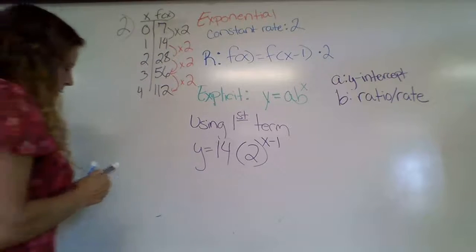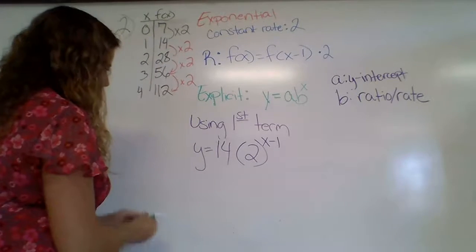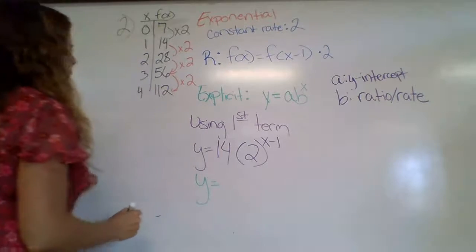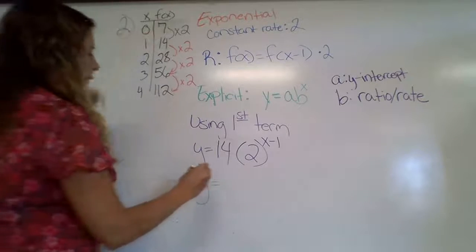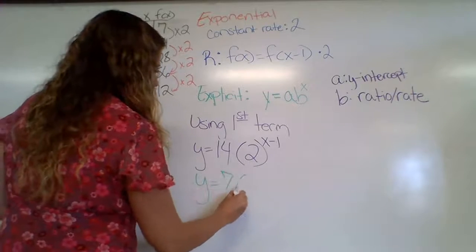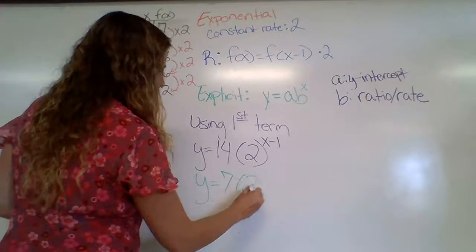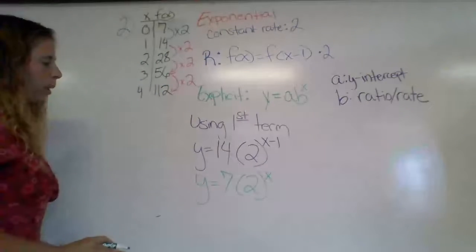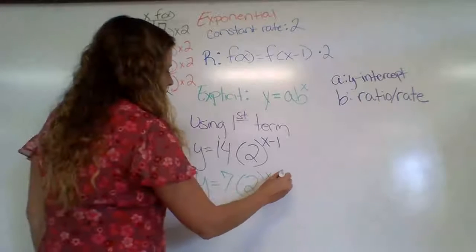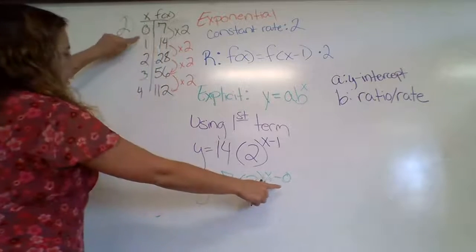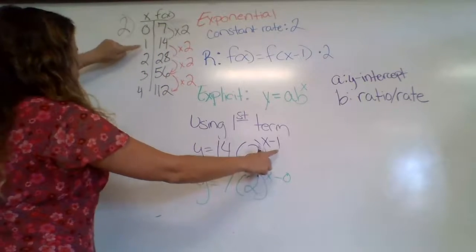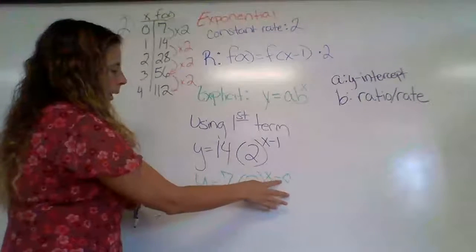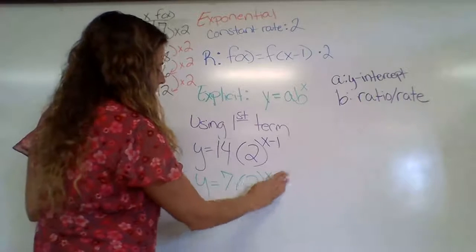Okay, so then you can also write the equation. Use the y-intercept, which is 7, and then times your ratio, and then you just raise it to the x power. Not the x minus 1. Technically, this is the x minus 0 power for the 0th term. This is the first term, okay? But minus 0 doesn't do anything, so we leave it off.